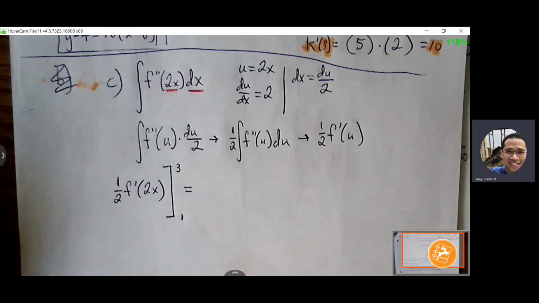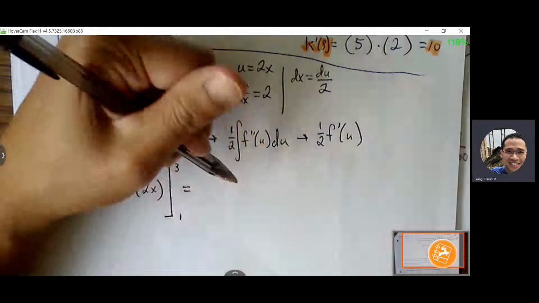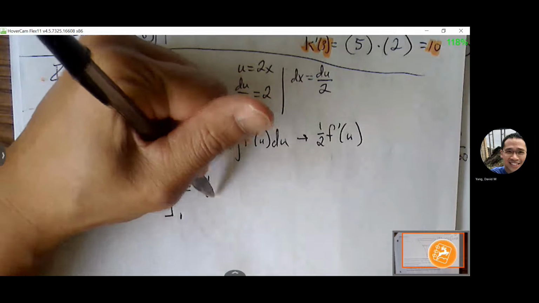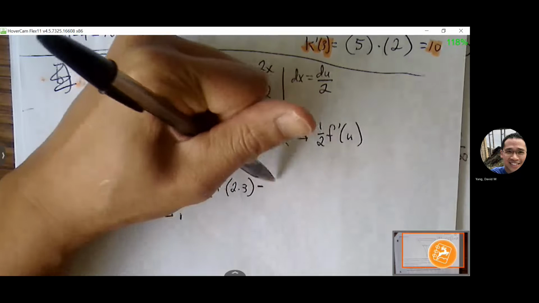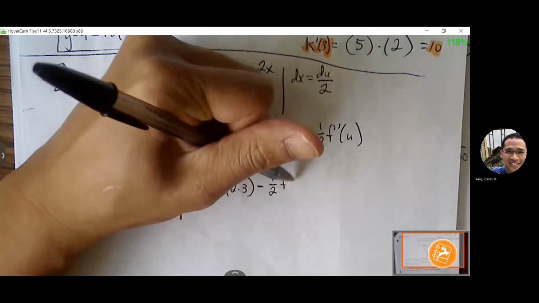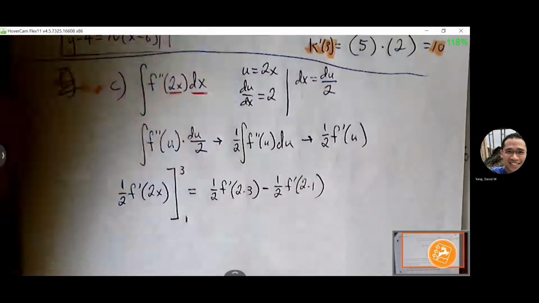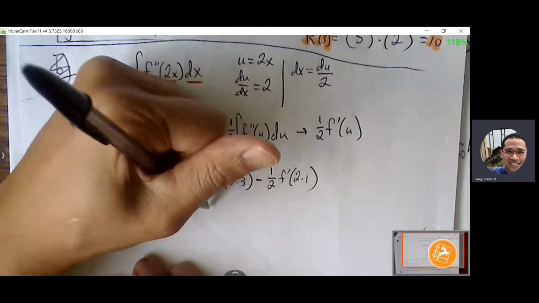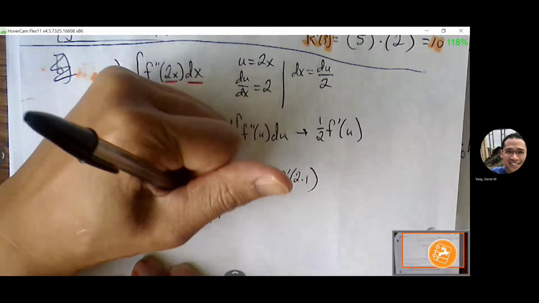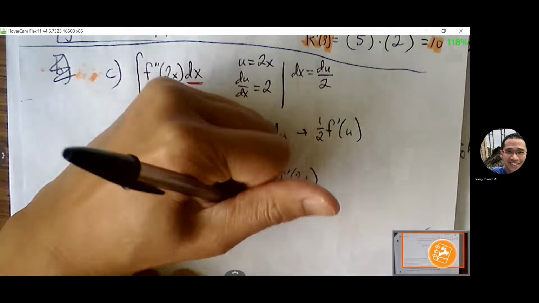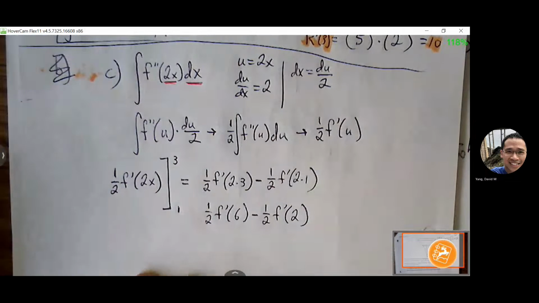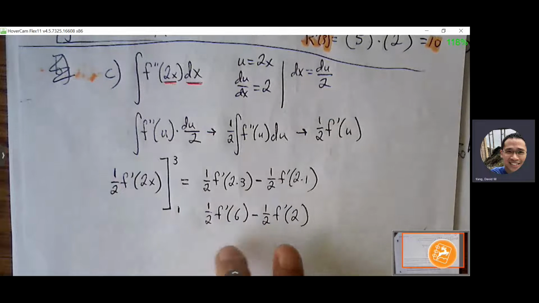All right, upper bound. 3 goes in for x. Two times 3 is 6. Almost there. f prime of 6, f prime of 2.